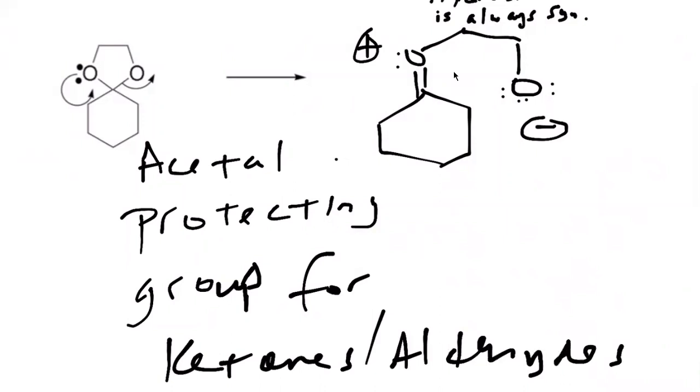So that's how you protect them and keep them from reacting. If they are part of a larger structure, but you don't want them to get touched by any of the reactions that you're doing, then you want to keep them covered up. And that's one way to do it, is to put an acetal on them. All right. Let me paste this other half of the question down here.